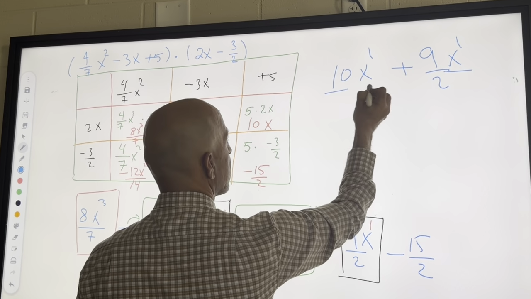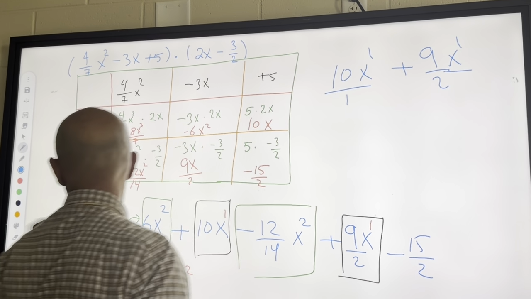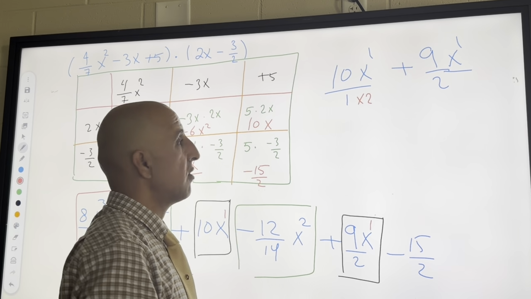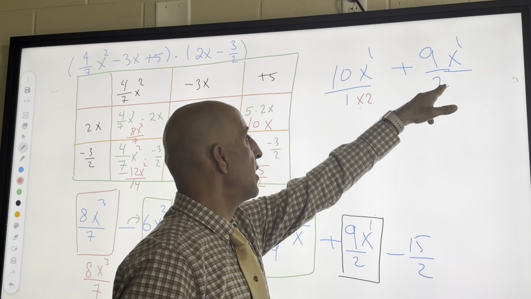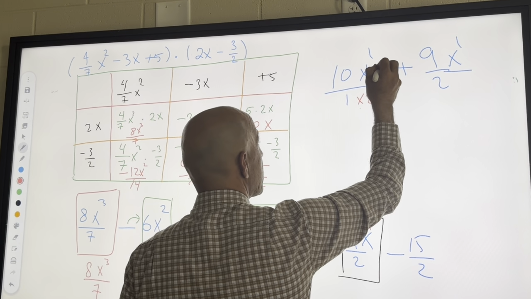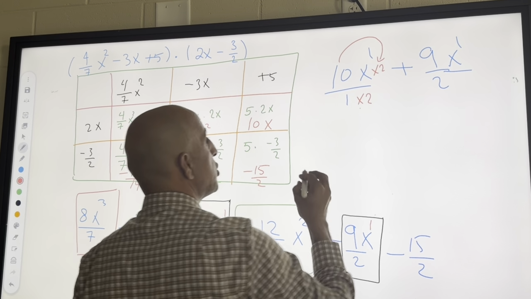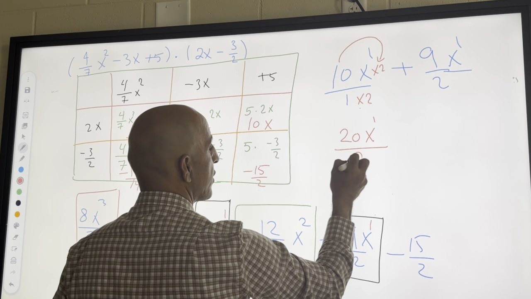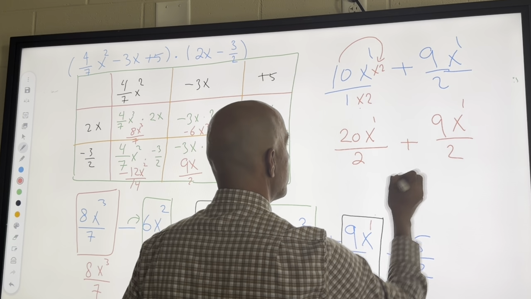The denominator here is 1 and here is 2, so we make it the same denominator using the identity property of multiplication: 1 times 2 equals 2. As we multiply the denominator by 2, we should multiply the numerator by 2, so 10 multiplied by 2 is 20. We have 20x over 2 plus 9x over 2.